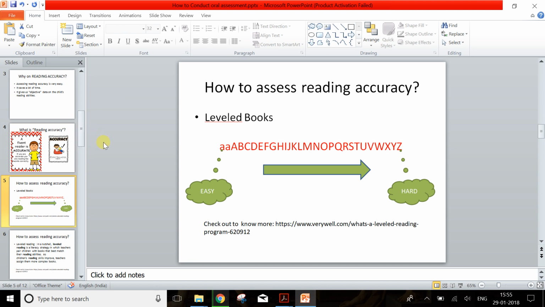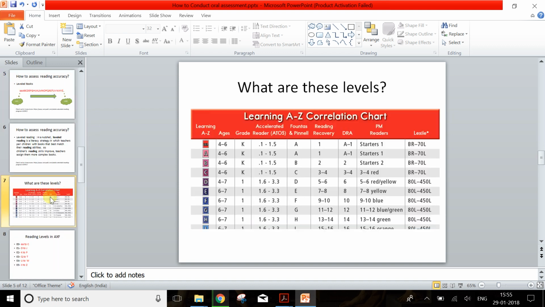So I'll be showing you the levels of books very soon, but now we have to understand there are different levels of books. These books are designed by different indicators. So Lexile is one indicator which gives different level books. DRA is another indicator. Fountas and Pinnell is another indicator. So these books are graded from kindergarten level to 6th standard level.